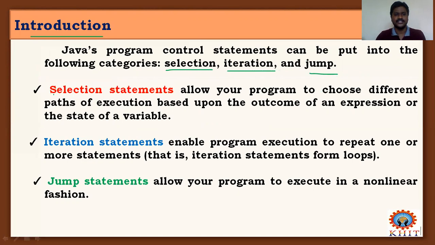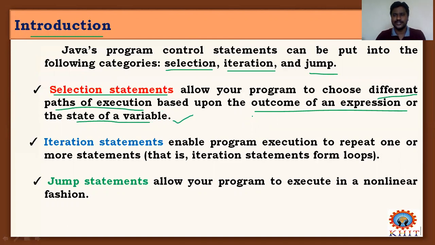And selection statement means it allows our program to choose different paths of execution based on the outcome of an expression or the state of a variable given in the expression.